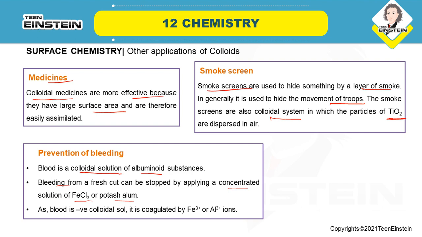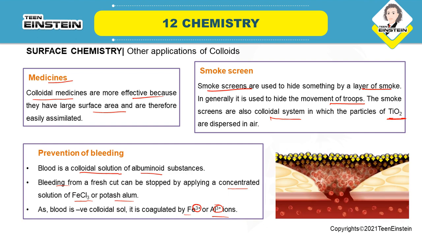So if we provide positively charged ions with very high valency, according to the Hardy-Schulze rule, if the valency of the oppositely charged ions is very high, then coagulation power will be very good. So if we add these, there will be coagulation and ultimately blood will clot and bleeding will be prevented.